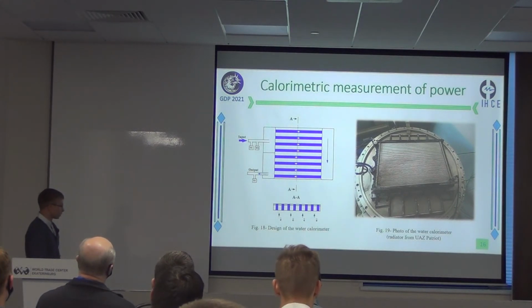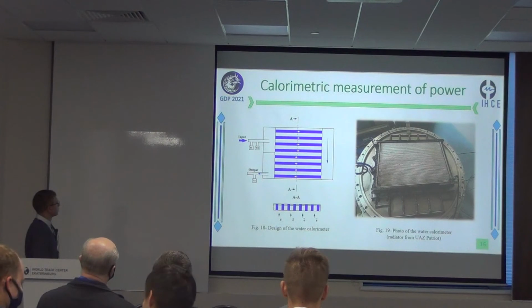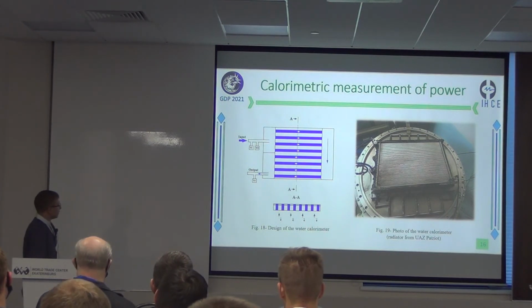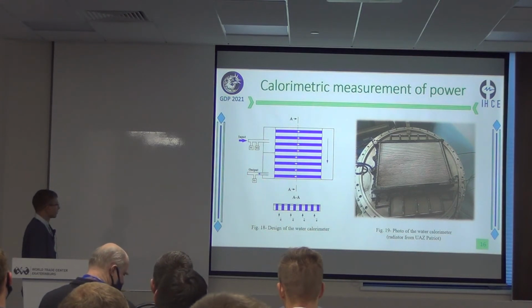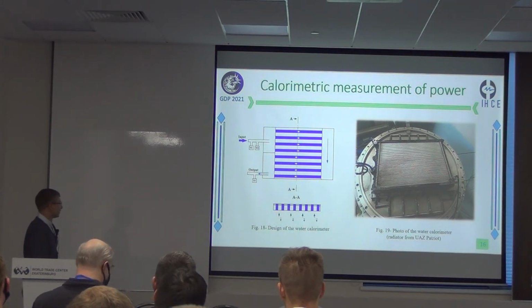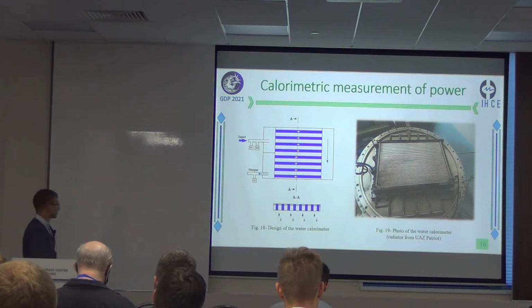Since we measure the extraction coefficient as a ratio of amplitude values of current, we provided calorimetric measurement of the outputted beam power. We used a water calorimeter, and the role of the calorimeter was played by a radiator from a car, because it's ideal for the beam sizes.